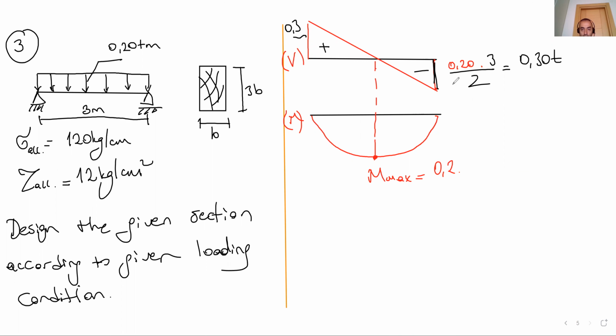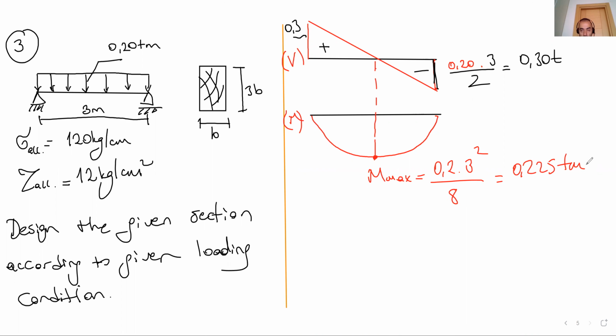I'm going to directly write the equation here for the maximum result. This gives us the maximum moment for uniform distributed load.